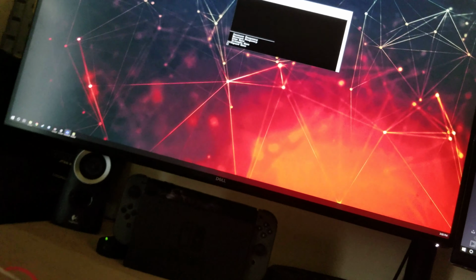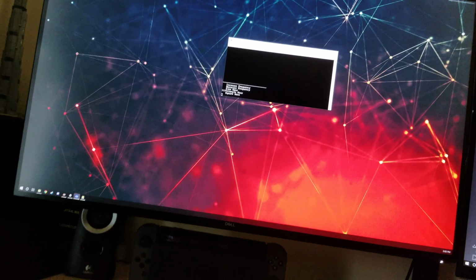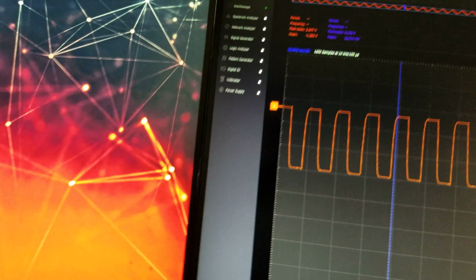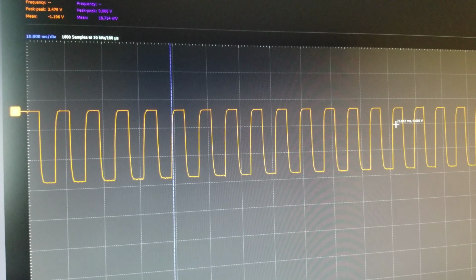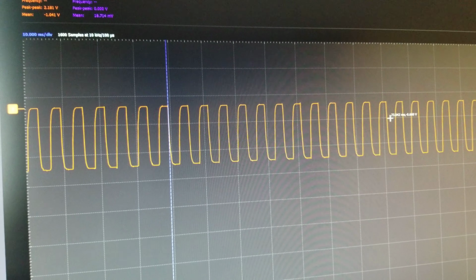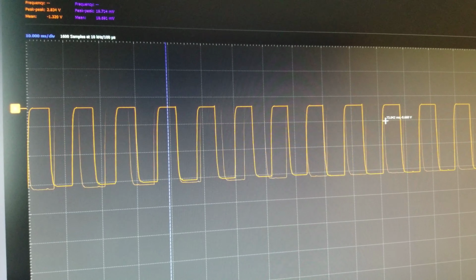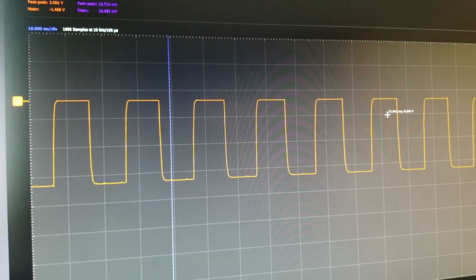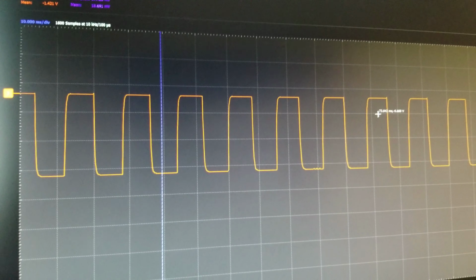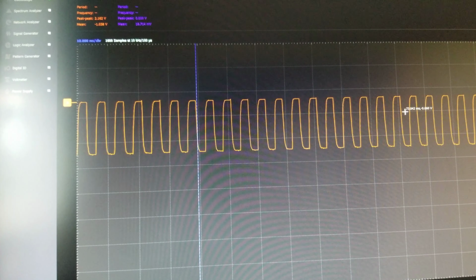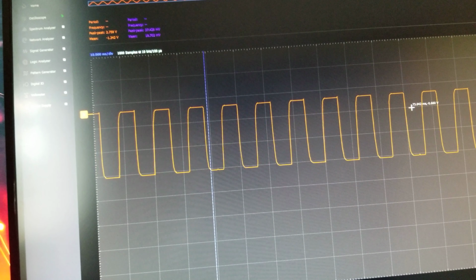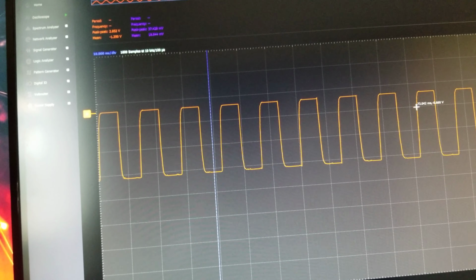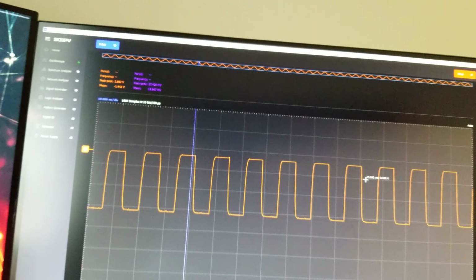And then I also have controls for increasing and decreasing the frequency, like I mentioned. If I increase the frequency, you can see the frequency does get faster. And then I can decrease the frequency as well, and it makes the signal slower. One thing you'll notice here is that the amplitude of the signal changes with the frequency. I'm chalking this up to the time constant on the RC low pass filter.